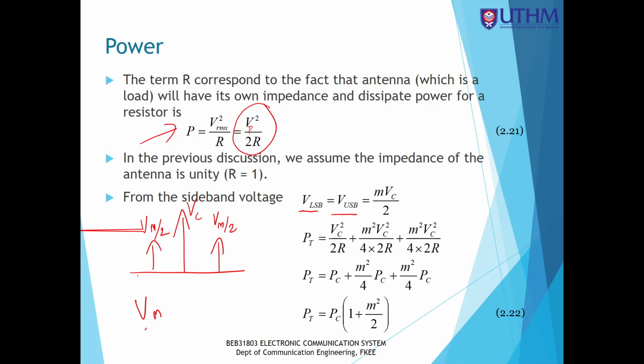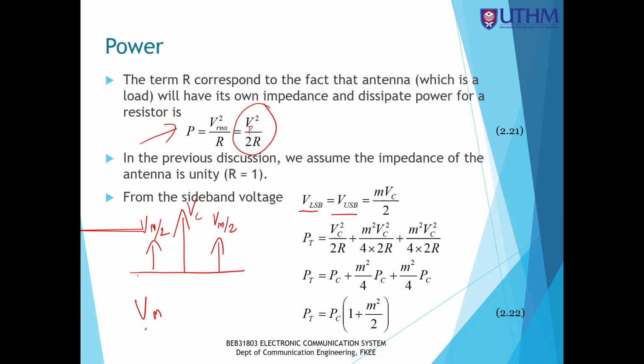Later you're going to see that other types of AM do not have 3 components like this. Komponen jenis AM yang lain ada yang tidak mempunyai 3 komponen seperti ini. Mungkin dia ada satu carrier, satu sideband sahaja.